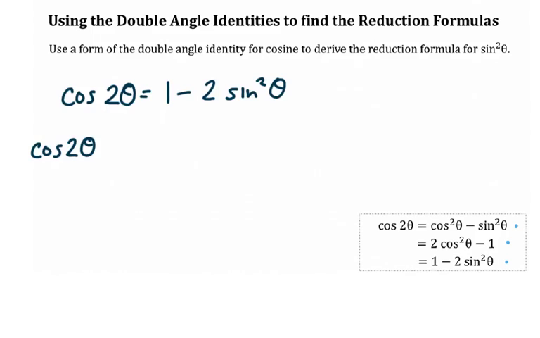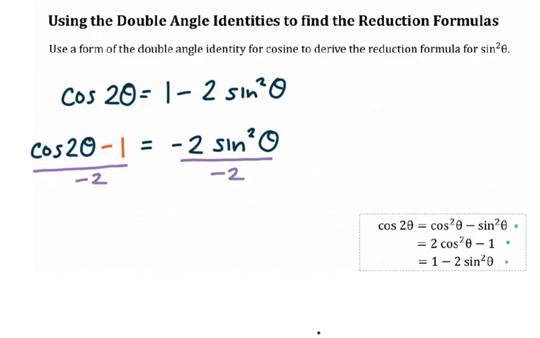So cosine of 2 theta minus 1 will equal negative 2 sine squared theta. What we've done is subtract 1 over, and a next step following some algebra would be to divide both sides by negative 2, knowing again that our goal is to get sine squared alone. The way we write it will vary from person to person, but I'm going to pull out the 1/2.